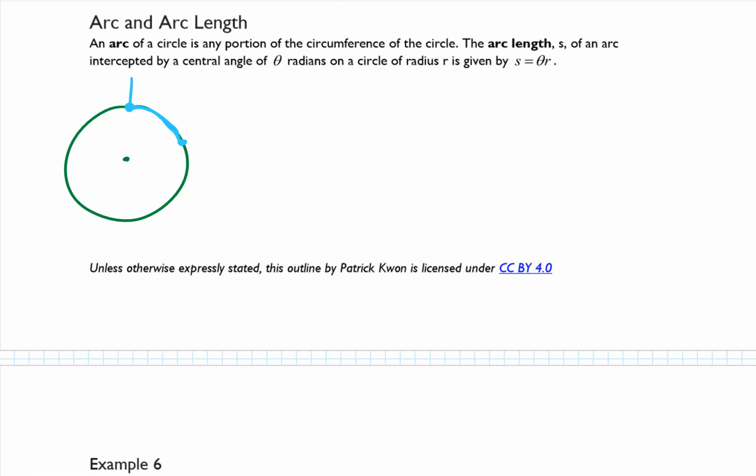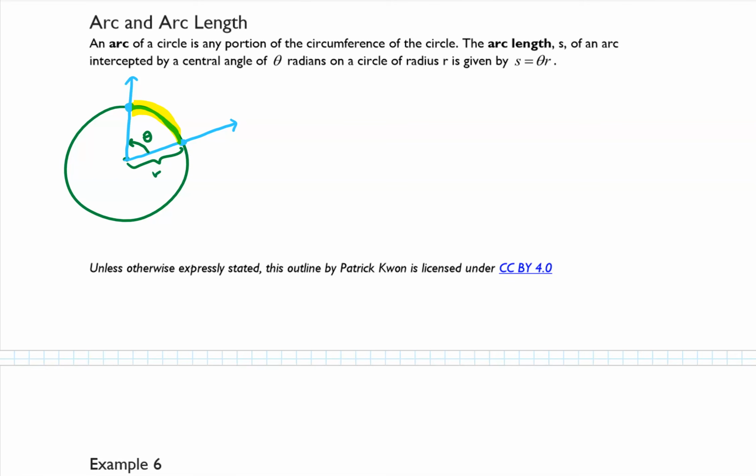So if I were to draw an angle where the vertex is at the center of the circle, basically this equation says that the length of this arc can be measured, and it is equal to the angle theta times whatever the radius of the circle is.